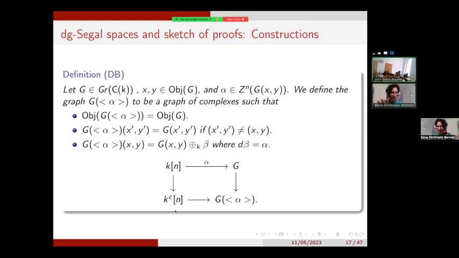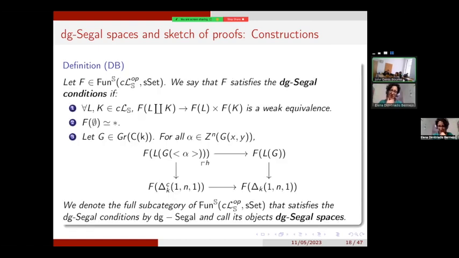So now that we have this definition, we can go back to the definition of a DG-Segal space. We say that F is a DG-Segal space if it commutes with coproducts, the image of the initial object is the point, and the image of the free version of G alpha is a homotopy pullback. Okay.